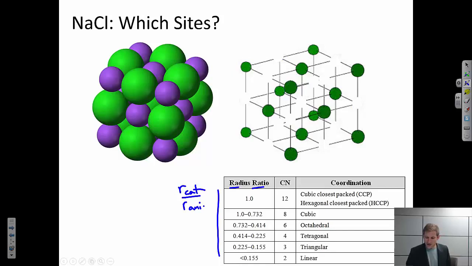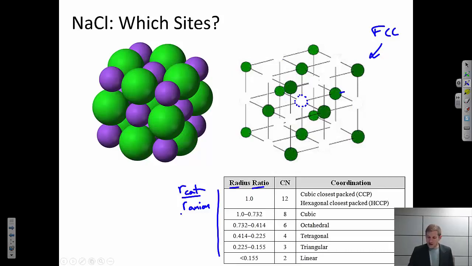And we can do this because we know that if we have an anion lattice, for example an FCC lattice, the available size of the different sites, for example the octahedral site right in the middle of the FCC lattice, I can calculate out the size of that interstitial position as a function of the anion radius.